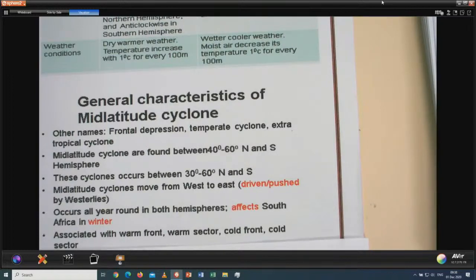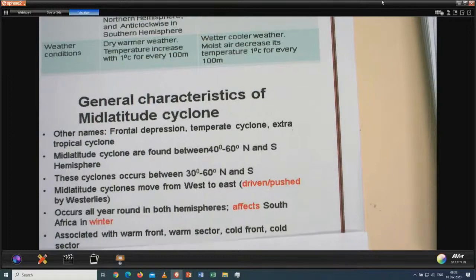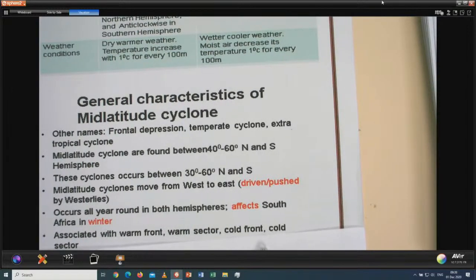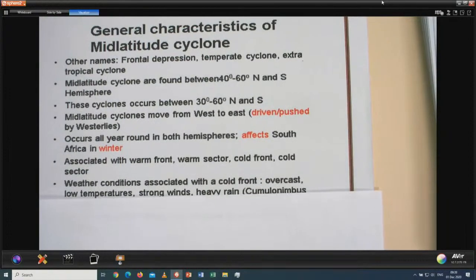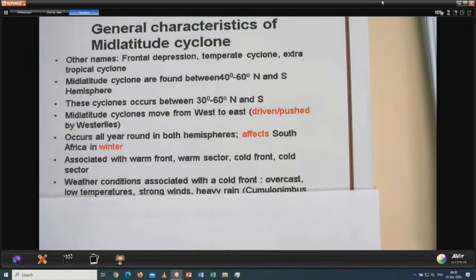Remember I said it is the only cyclone that has got fronts. So the fronts are the warm front, which has the warm sector, and the cold front, which has the cool sector. Weather conditions associated with the cold front are the following: overcast conditions, low temperature, because it is a cold front, surely temperatures will be low.